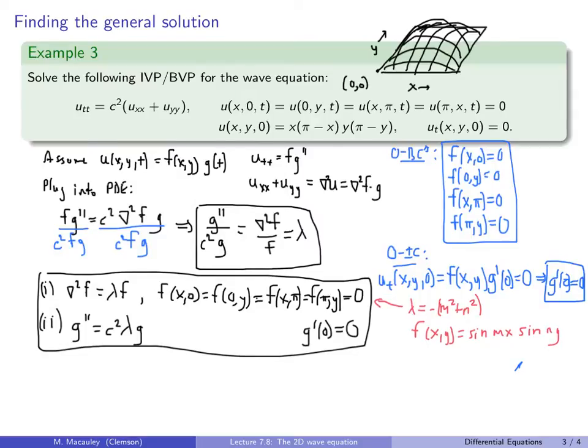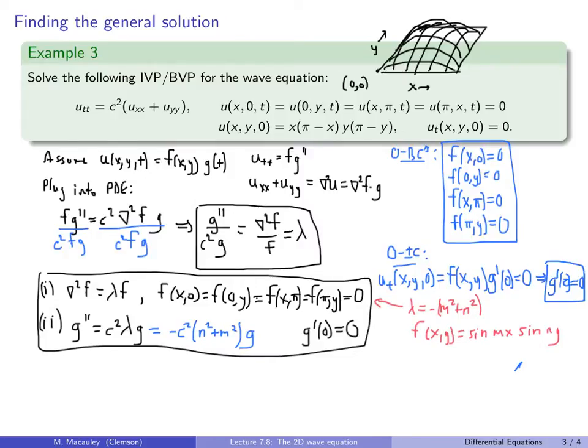So we can actually say even more about this. We can say this is equal to negative c squared times m squared plus n squared times G. It doesn't matter what order you put n and m in, right?